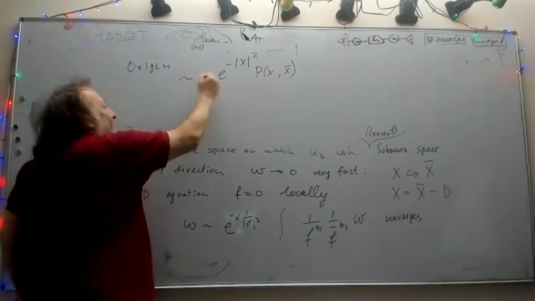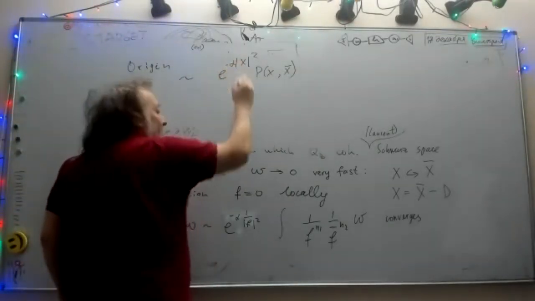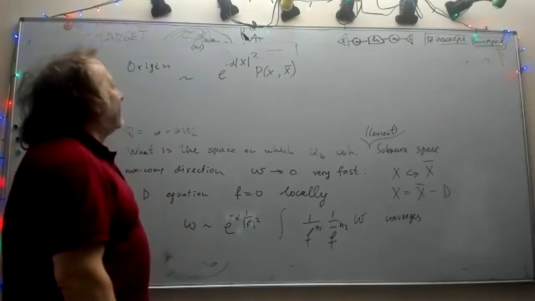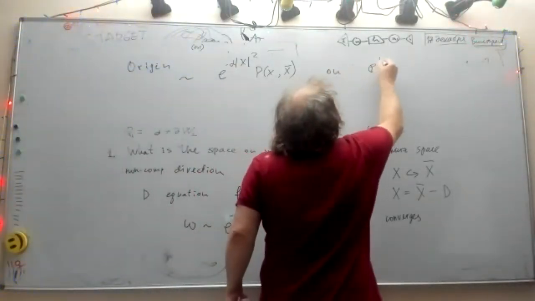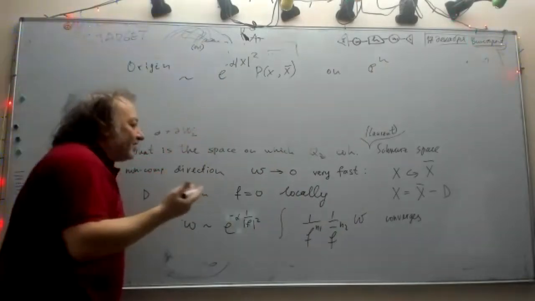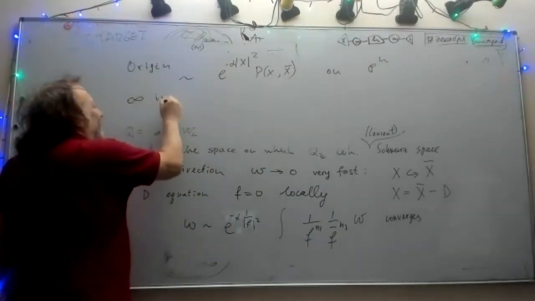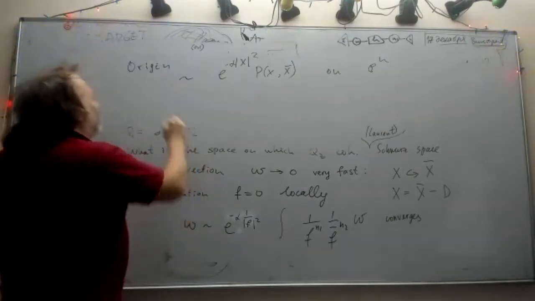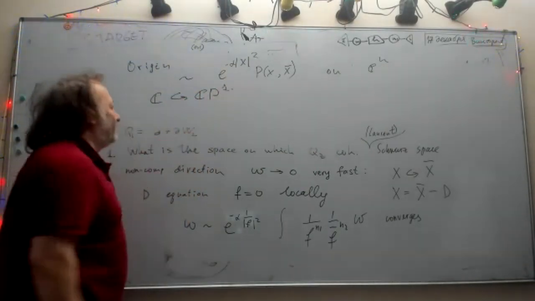So when I say Schwartz space, I mean something like this, with some alpha here, on C^n actually. So infinity is a solution of an equation. Here C is included in CP1, right?